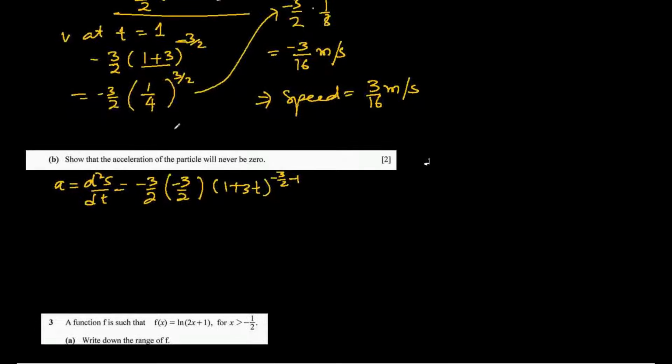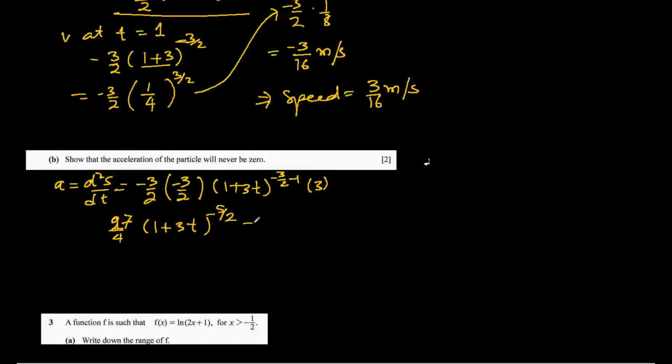So what do we get here? 9/4, and we had to multiply by 3, I forgot, times 3, so it will be 27 over 4, 1 plus 3t to the power minus 5 over 2.